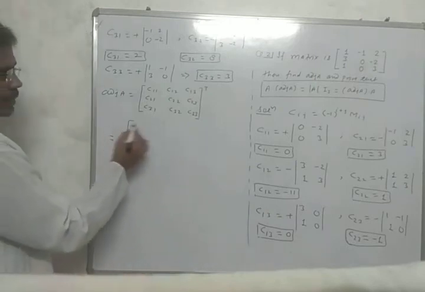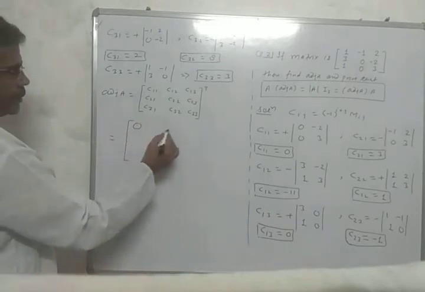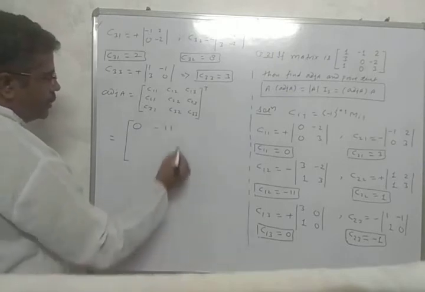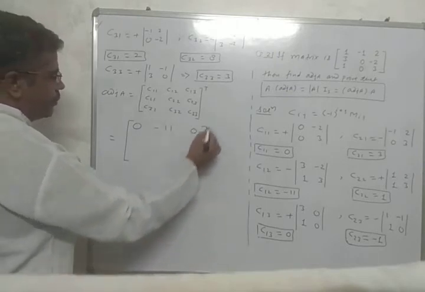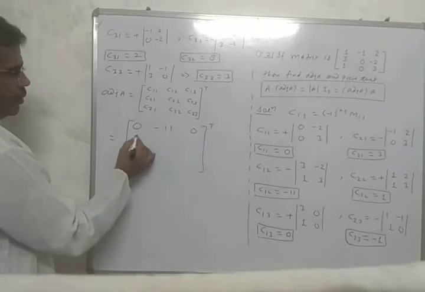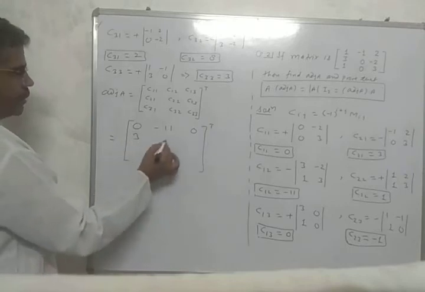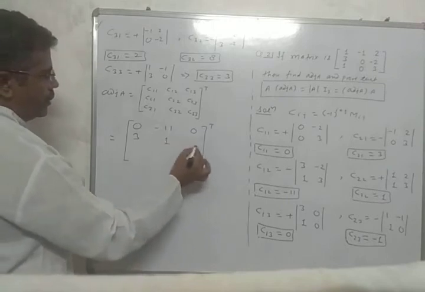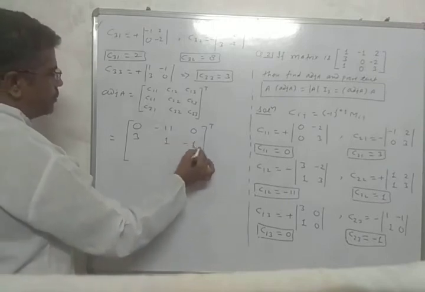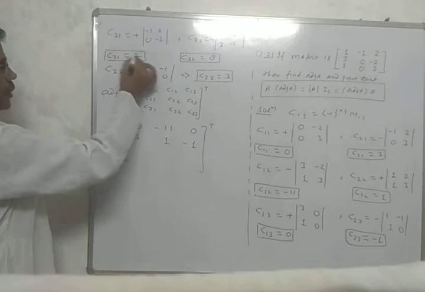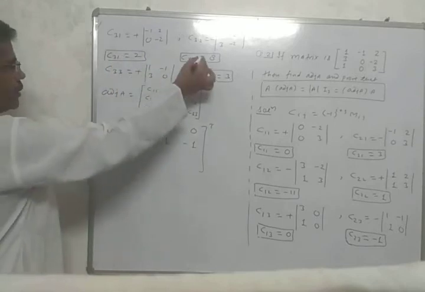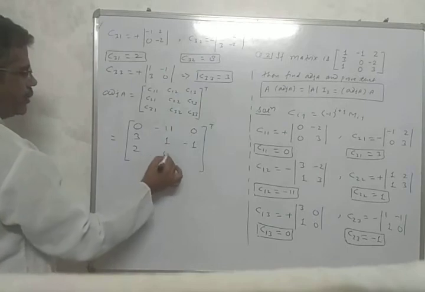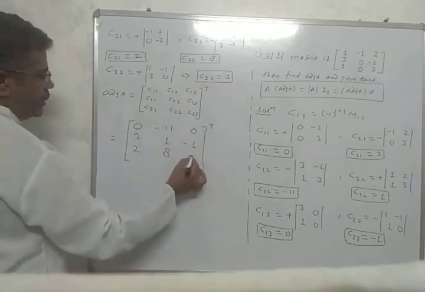We have C11 is 0, C12 is minus 11, C13 is 0, C21 is 3, C22 is 1, C23 is minus 1, C31 is 2, C32 is 8, and C33 is 3.